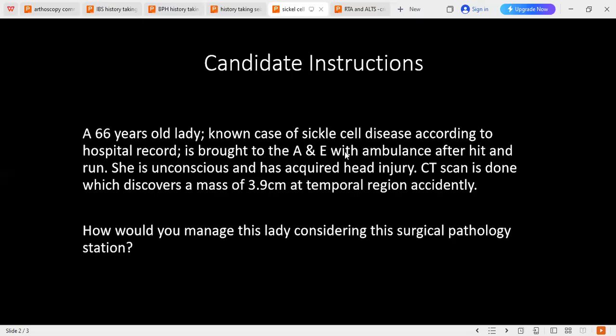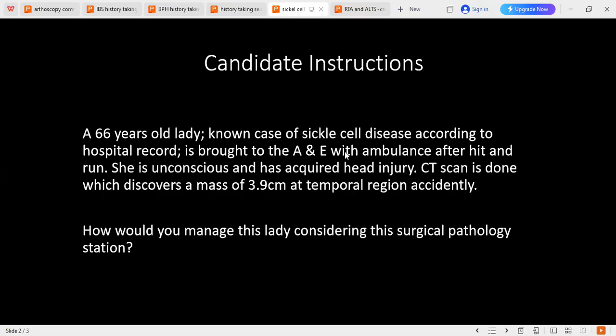What are the complications that can occur in a patient with sickle cell disease under general anesthesia? Okay, you could not answer.